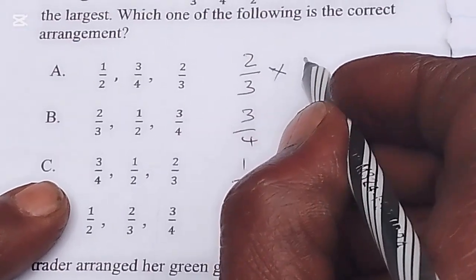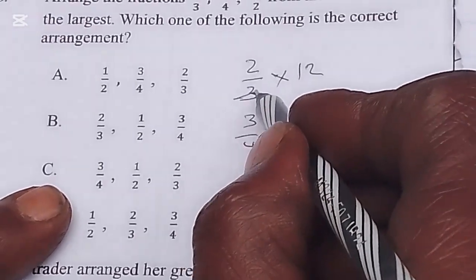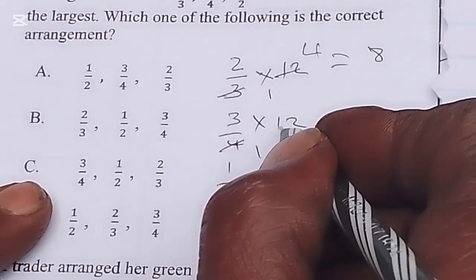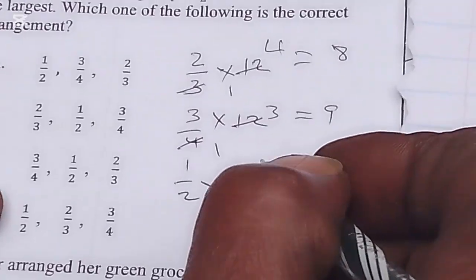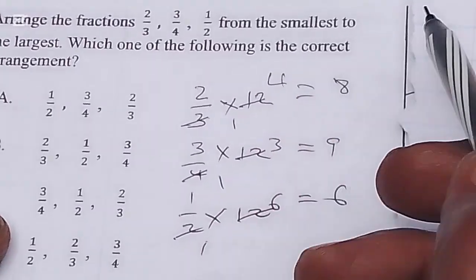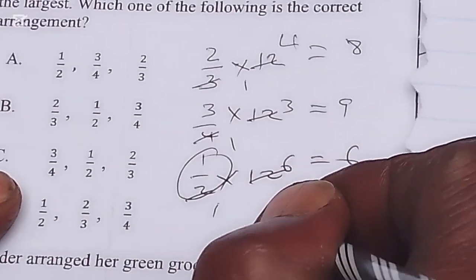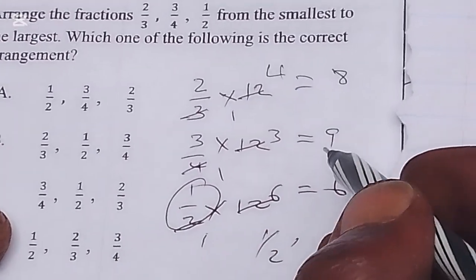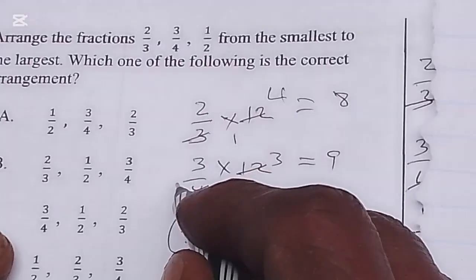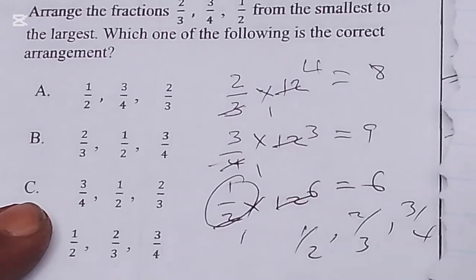Then you multiply each fraction by 12. So by 3, 1 by 3, 4, this is 8. By 4, 1 by 4, 3, this is 9. By 2, 1 by 2, 6, this is 6. So the smallest is 1/2, followed by 2/3, and the last one is 3/4, which is now the largest.